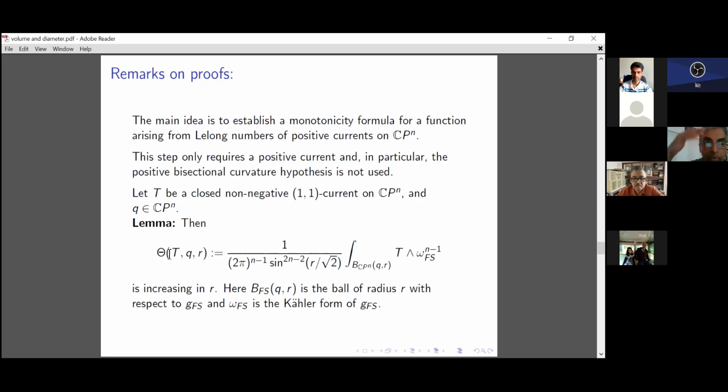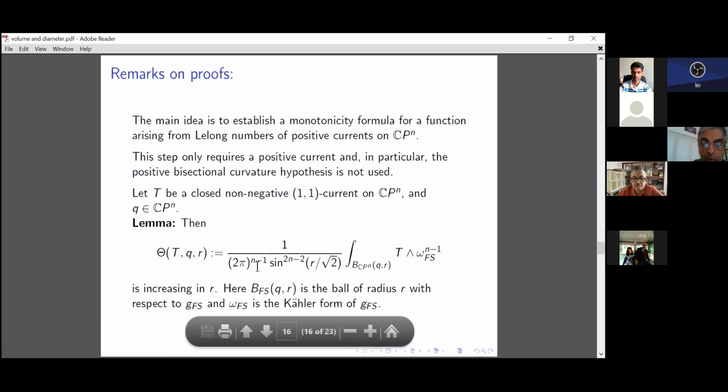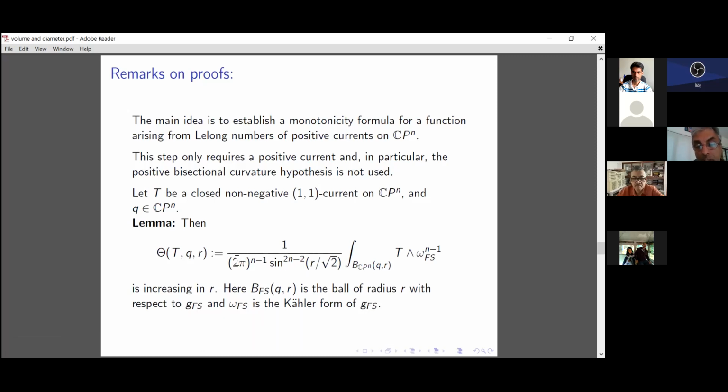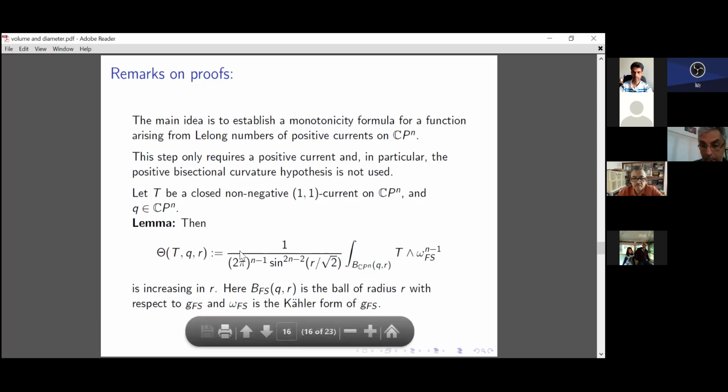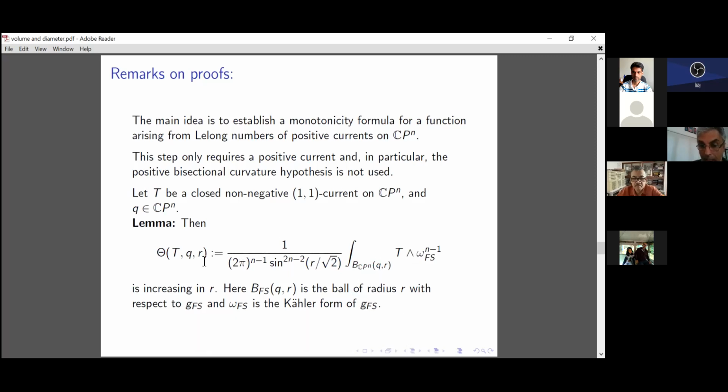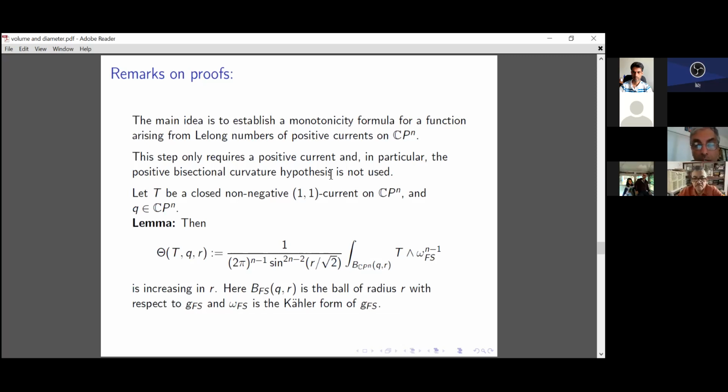Then one comes up with this strange looking quantity, which involves a current, a point on the manifold CPN, and an R. If one has looked at currents, one would know that one of the main quantities regarding currents is the so-called Lelong numbers of currents.